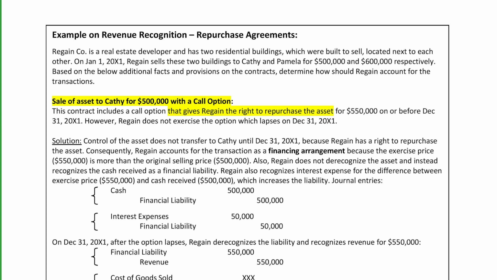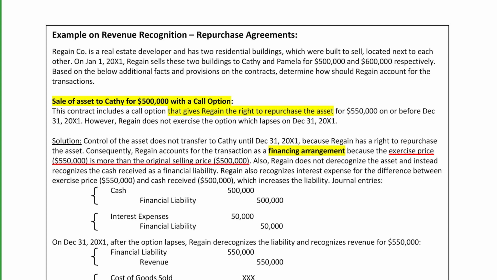So control of the asset does not transfer to Kathy until December 31st because Regain has a right to repurchase the asset. Consequently, Regain accounts for the transaction as a financing arrangement because the exercise price is more than the original selling price.